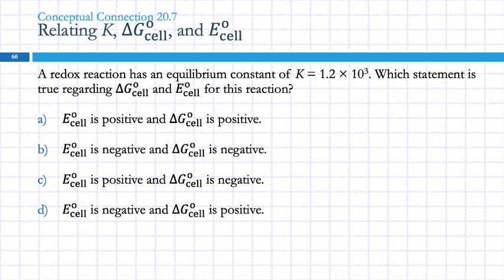K is greater than 1. So this is going to be a spontaneous reaction, which means E cell has to be positive and delta G has to be negative. So that's going to be C. Any questions?